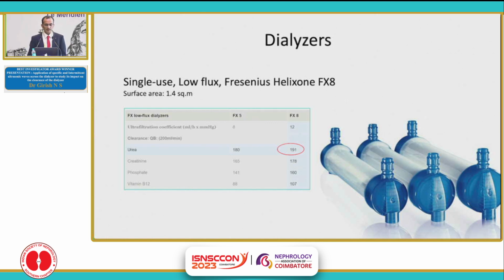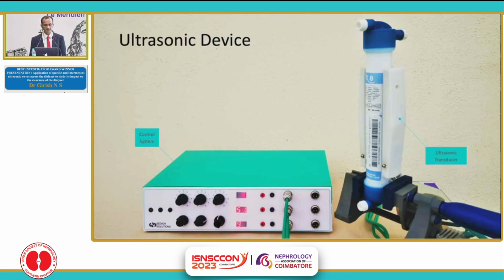The dialyzer we used in all of our patients was a single-use low-flux Fresenius Helixone FX8 with a surface area of 1.4 square meters, and what is more relevant is that its urea clearance had an average of around 190 mL per minute.